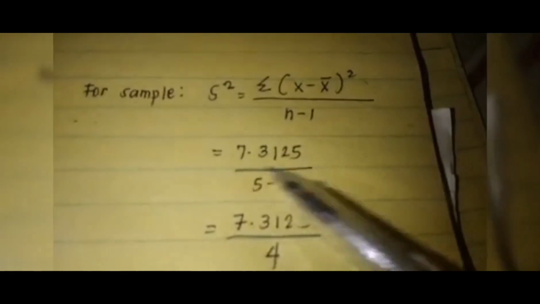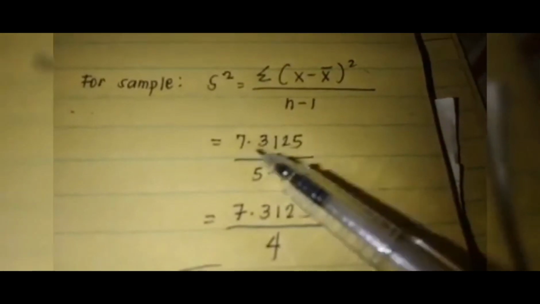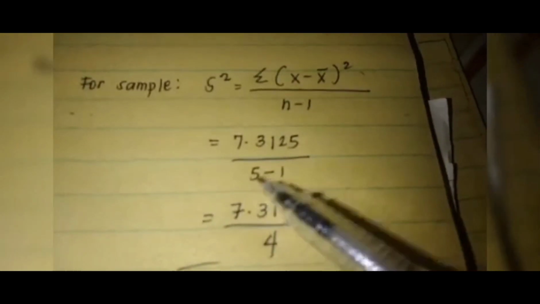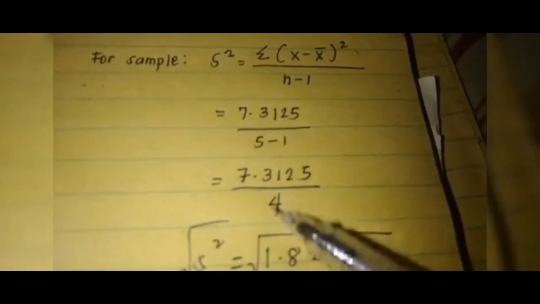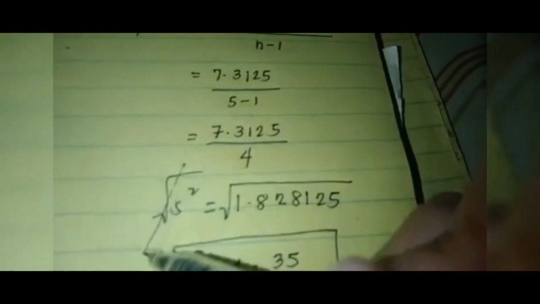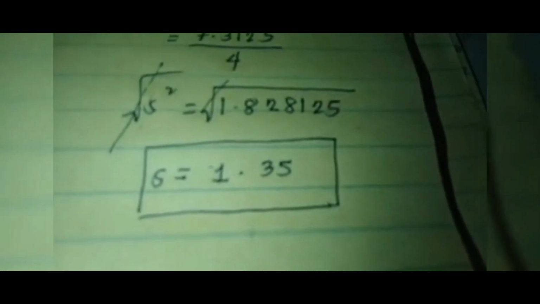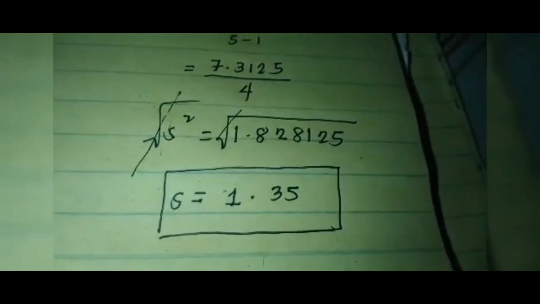So we substitute it here: 7.3125 over 5 minus 1, then 7.3125 over 4. Then we put the square root on both sides so that we can cancel. So our variance is 1.35.